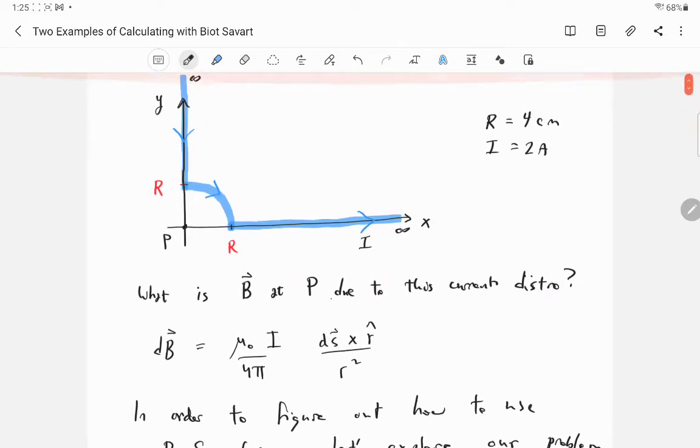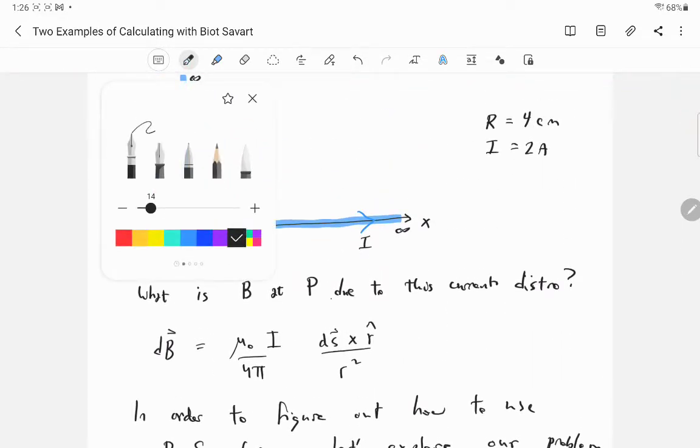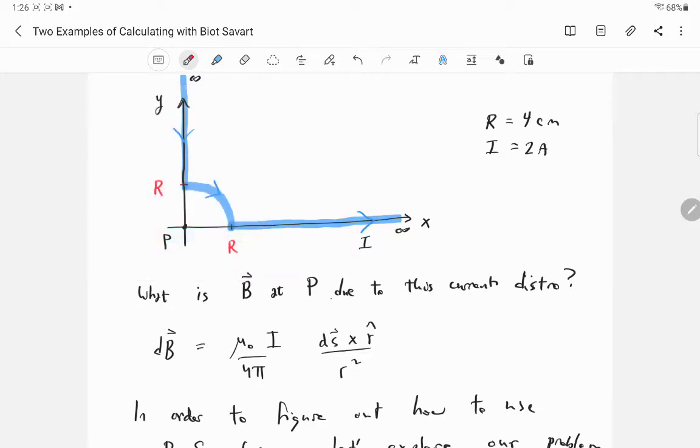So the few that I would pick, maybe I'll outline them in, say, red. So here's a ds segment from here to here along the wire. Here's another one from here to here along the wire. And here's another one.